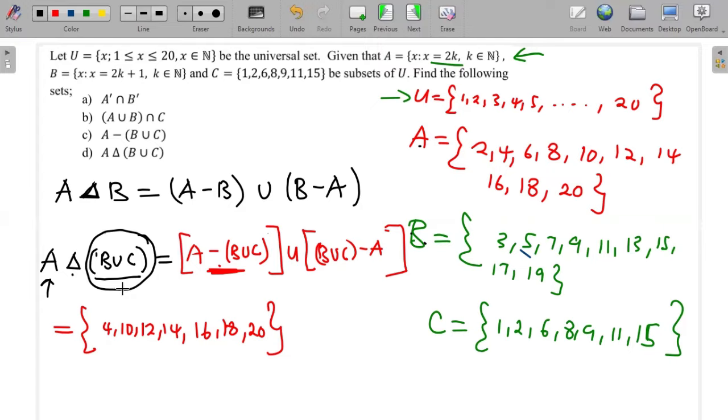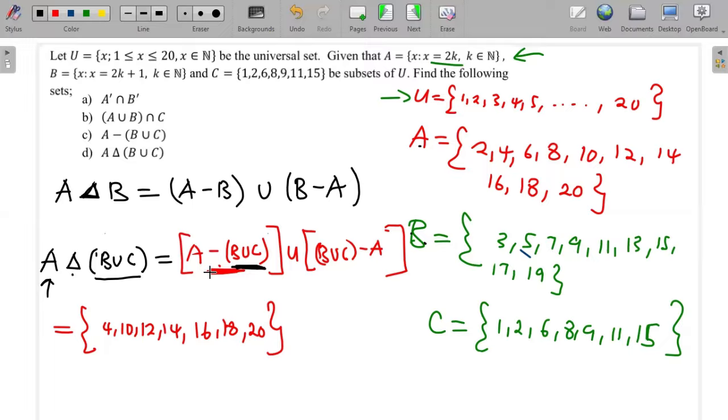So when I go to the right-hand side, it's just going to be A minus this whole thing here, B union C, because I'm taking it as one thing. I don't know if you've gotten it now. Yes, I've gotten it. Thank you. You're welcome.